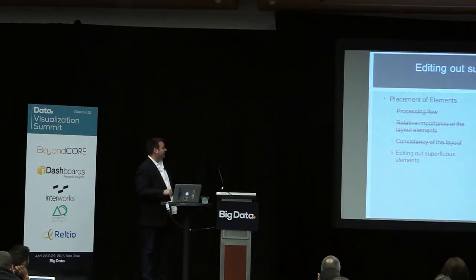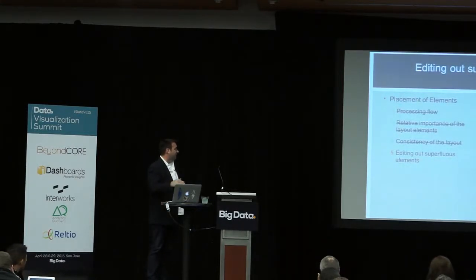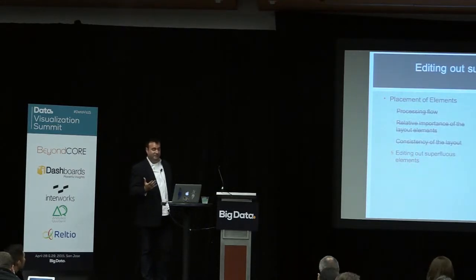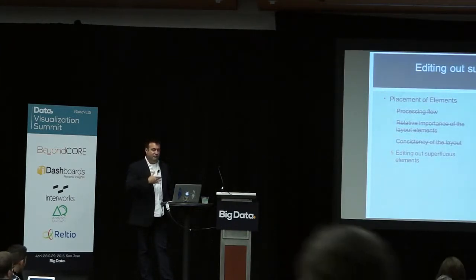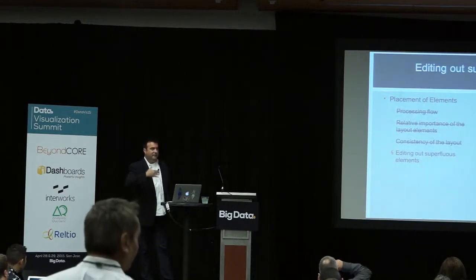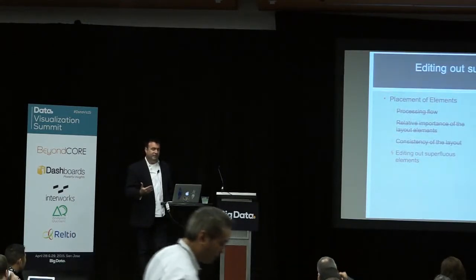So the last piece that I want to hit is editing out superfluous elements. And it was brought up before, the idea of labeling. If you remove labels, it should tell the same story.